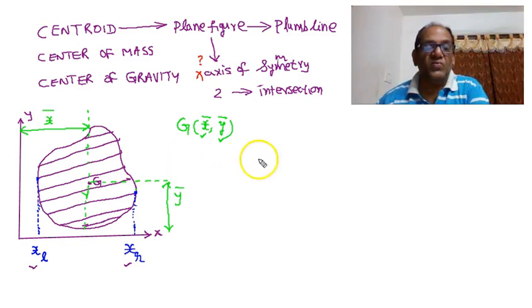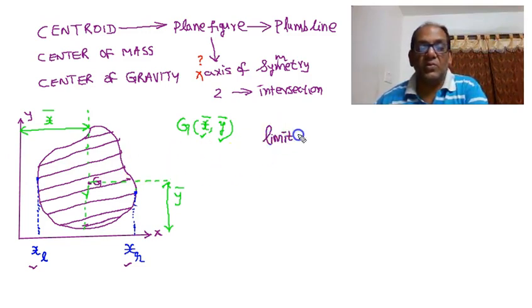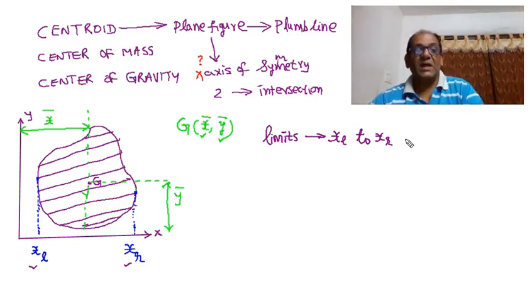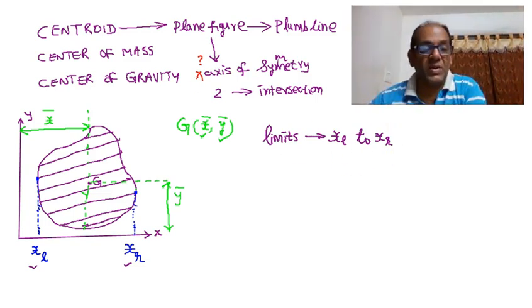This we do to find out the limits of integrations that we are going to write down. So the limits will be from XL, from the leftmost point, to rightmost point as given by XR. Okay, and then we will consider a thin strip of material. Let us say this is the thin strip of material.